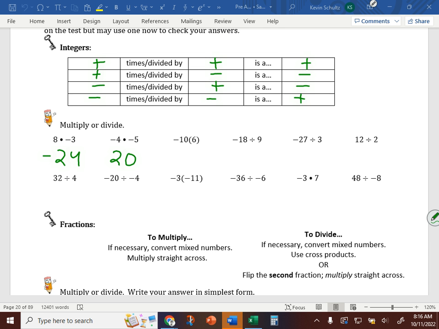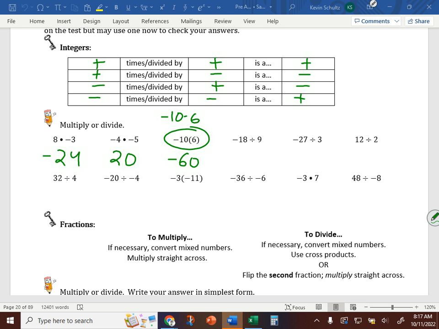There are other ways to show that you're multiplying, and you'll see this more and more. We can use parentheses to show it also, so you don't have to write the operation. That expression there is the same thing as multiplying negative 10 times 6, okay? It's still going to be 60, 10 times 6, but because that 10 is negative, it's going to be a negative 60, right?